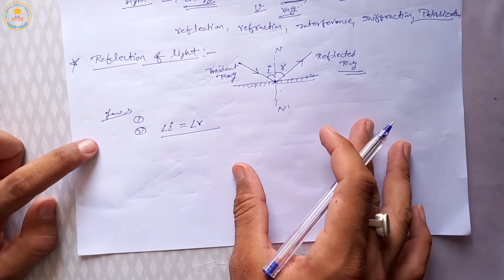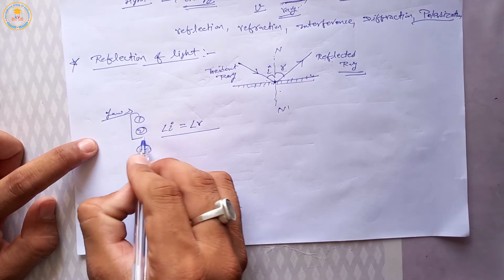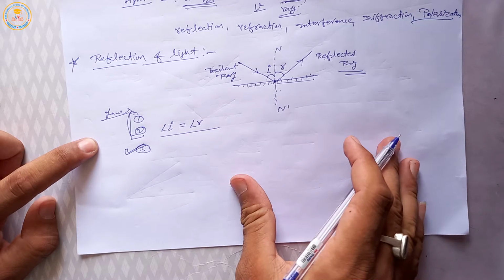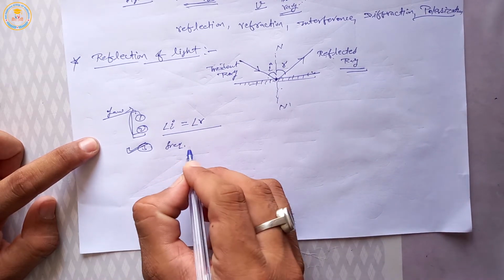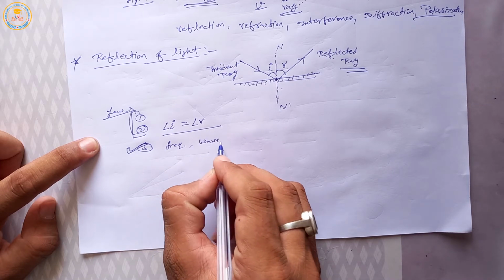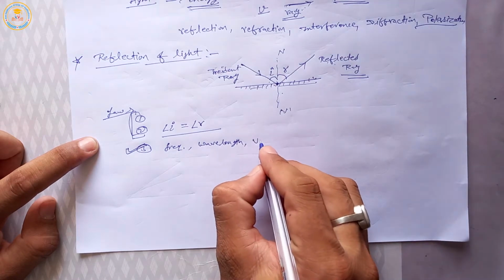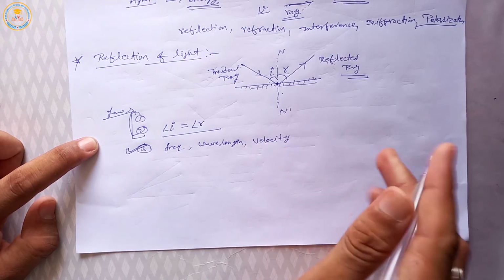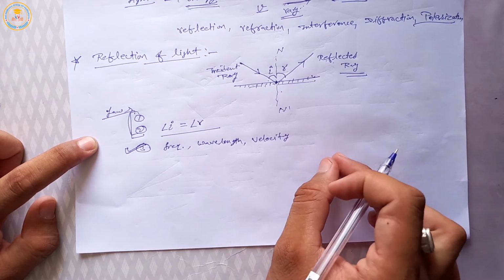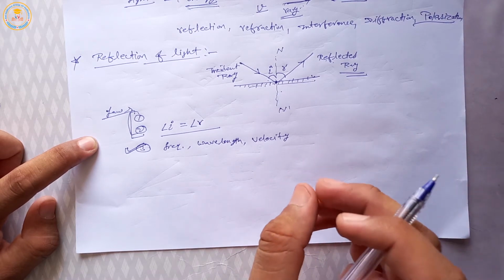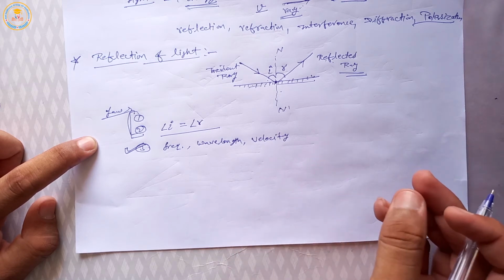Third, the frequency, wavelength, and velocity of the incident ray and reflected ray remain the same, but the intensity of the reflected ray can be changed.